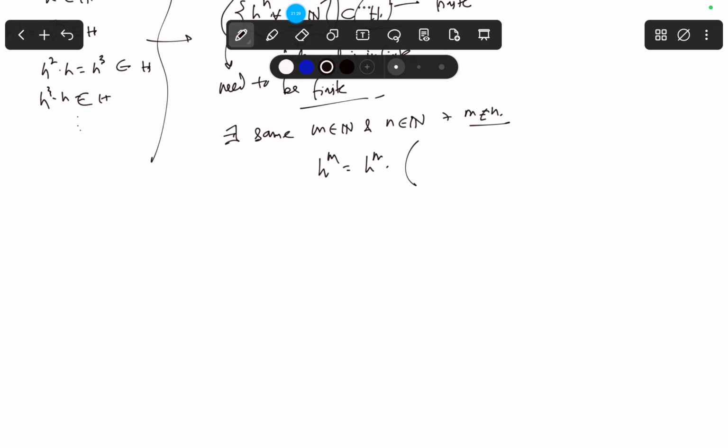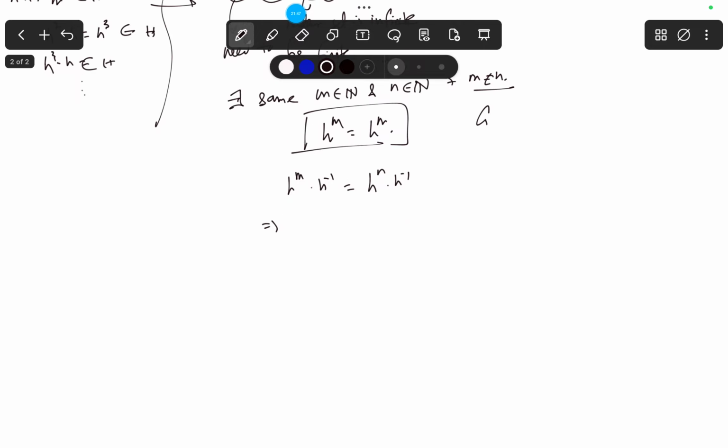Now again get back to the larger group G. If we see this picture in the larger group G, then h power m times h inverse is the same as h power n times h inverse, right? Then again, if we do h power m times h inverse times h inverse, we get h power n times h inverse times h inverse.